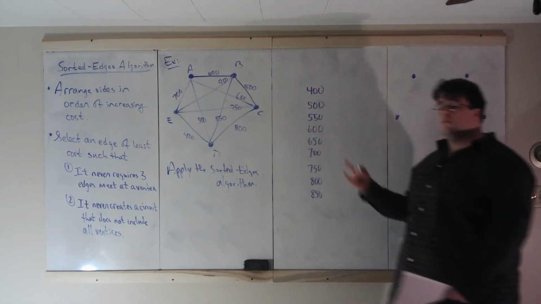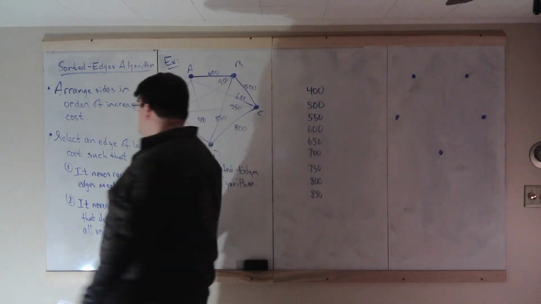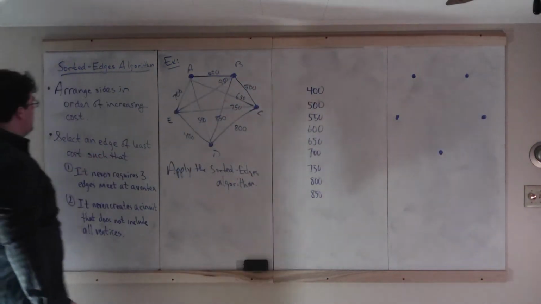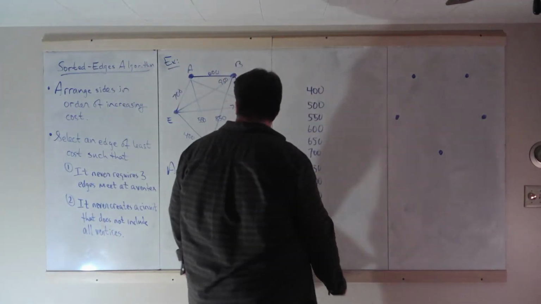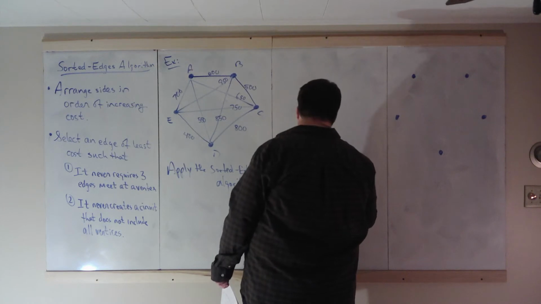There could be 2 with the same. If you had 2 with the same, you'd have to check both of them. That's why this says select an edge of least cost instead of the edge with least cost. So what is this? 1, 2, 3, 4, 9. So we're missing 1, 950.